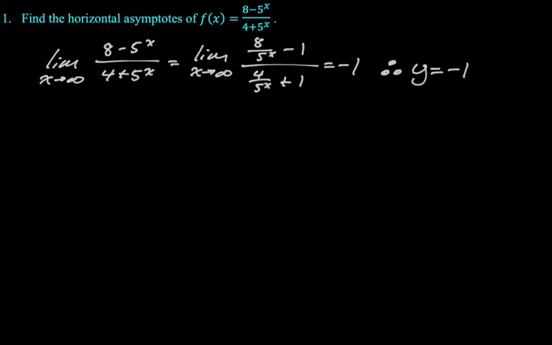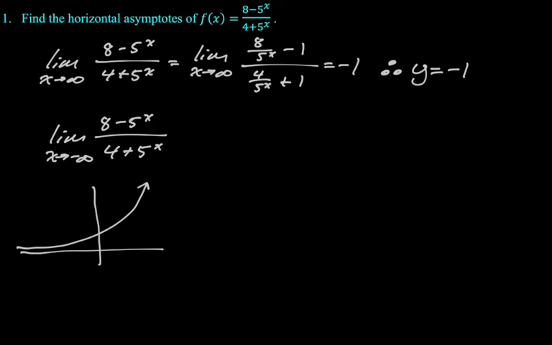We also have to go to negative infinity because we could get a different answer. For a rational function, which is a polynomial over a polynomial, you will always get the same answer to infinity and negative infinity if there's a horizontal asymptote, not the case for other functions. So for this one, it's a different technique. I like to just think about the graph of 5 to the x. If you go to negative infinity, 5 to the x is definitely going to approach 0.